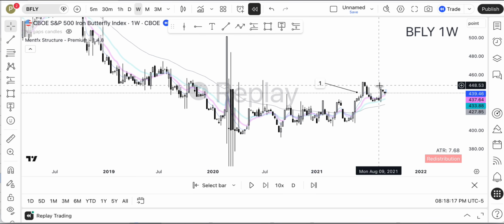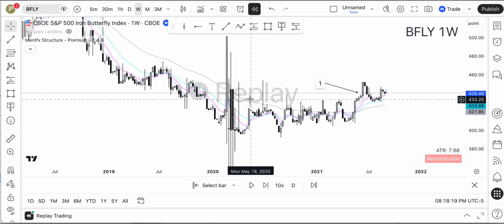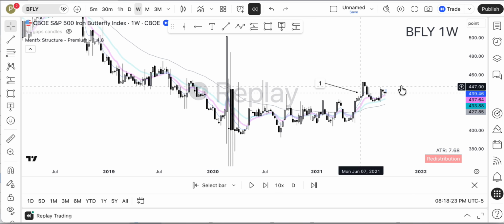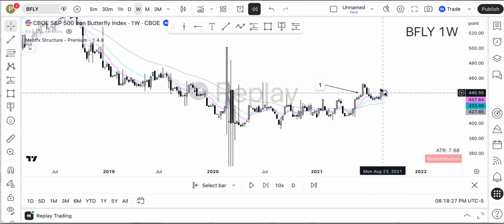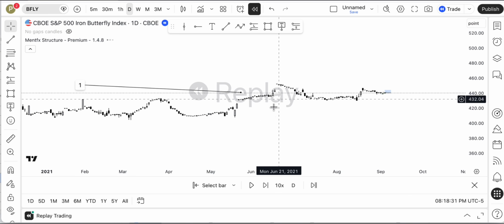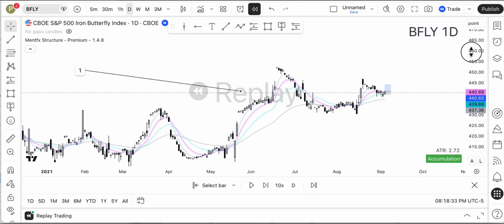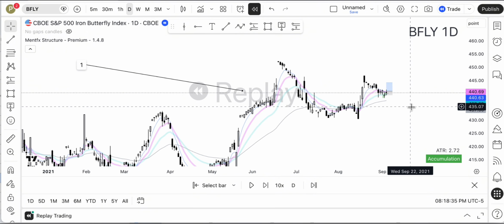The price action right here looks perfectly fine, but I am still just noticing that this is here, and if price starts looking ugly, then there's a reason for it, because we are still kind of in that range.